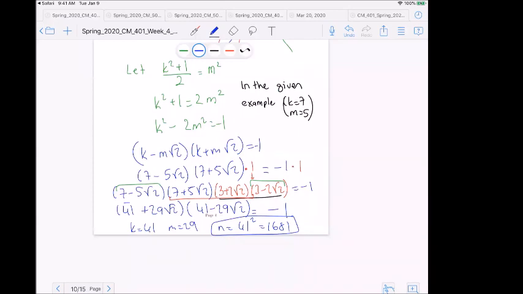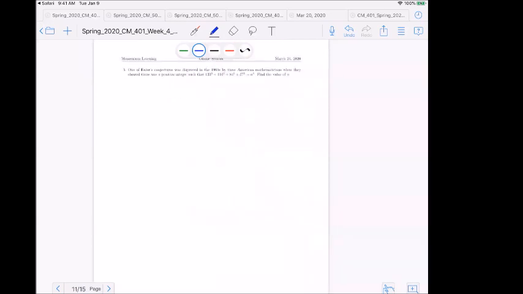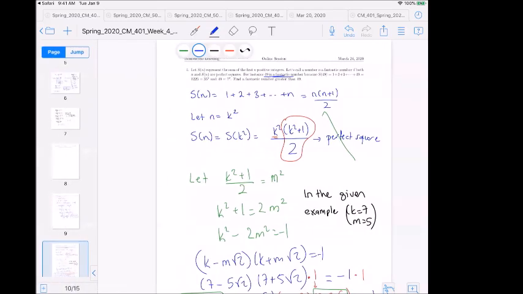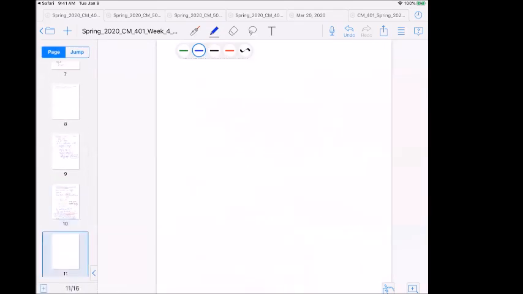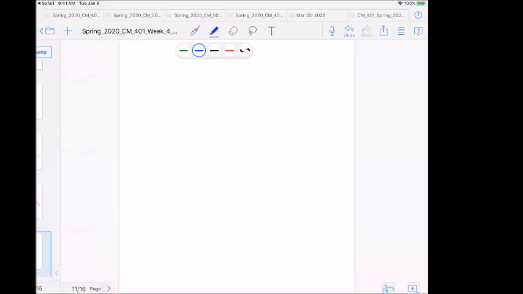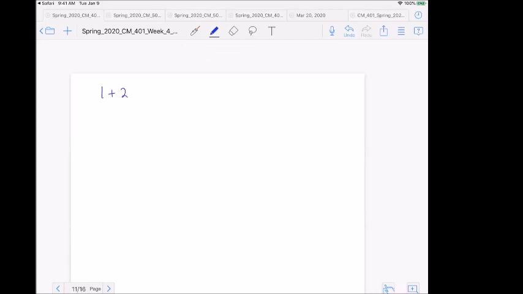Okay, so now let's continue. Before we continue with the next problem, let's talk about some other ways. By the way, for those who would like to know the formulas, we know that these are the triangular numbers. This is n times n plus 1 over 2.